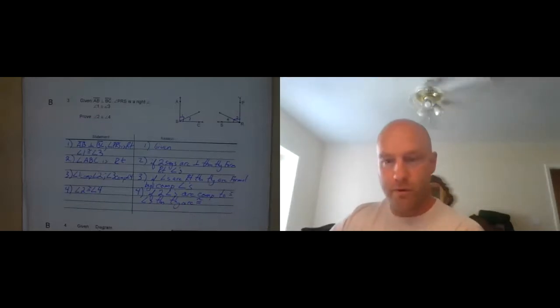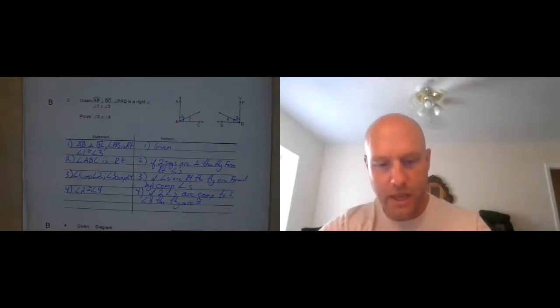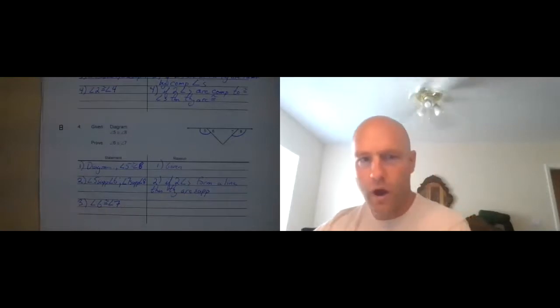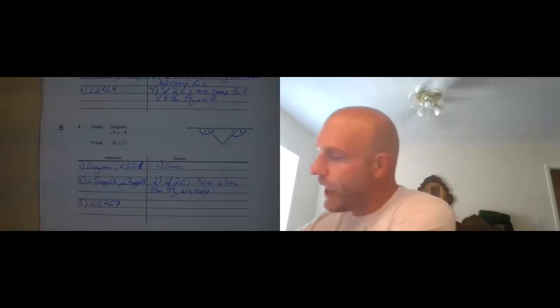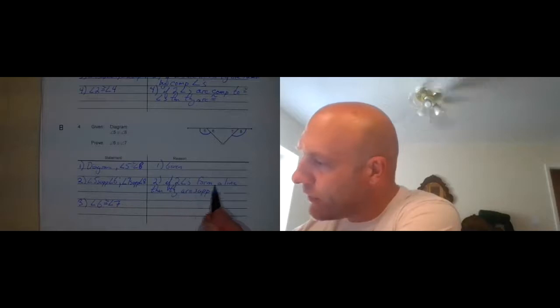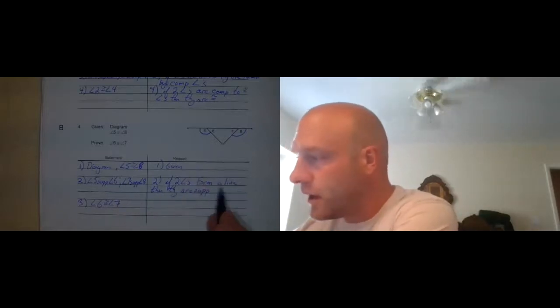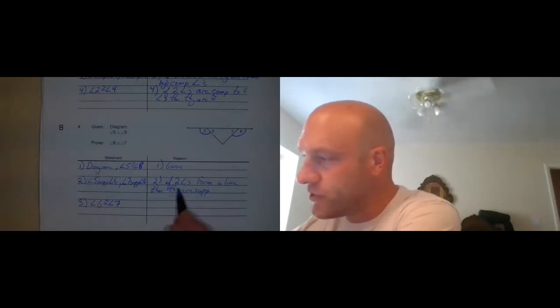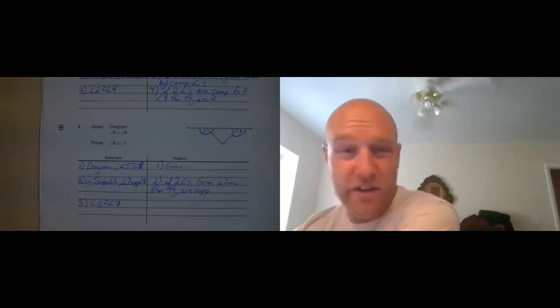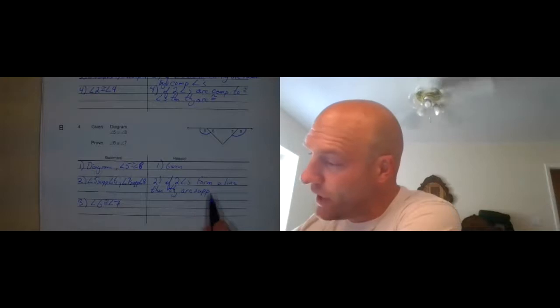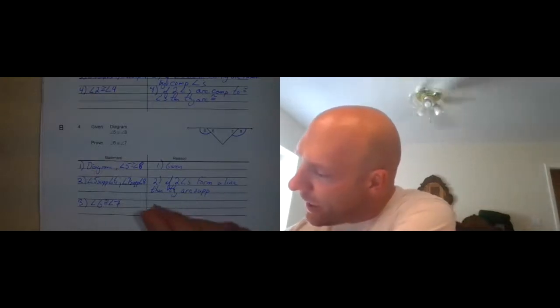Okay. Very similar proof for problem number 4. Same treatment. Okay, almost identical to what we had before. I got that we have two pairs of supplementary angles using my theorem, which says if two angles form a line, then they are supplementary. Yes, more of a definition than anything else.